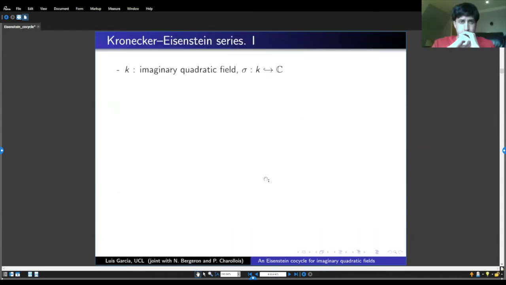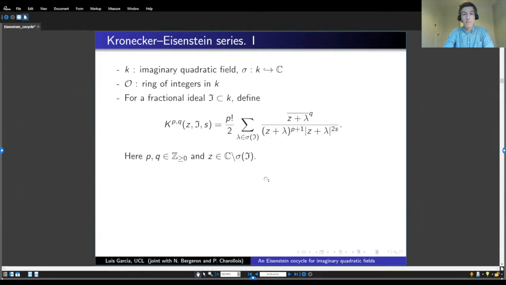Okay, so I want to start by stating the first result. As I said, we fix an imaginary quadratic field K and an embedding sigma of K into the complex numbers. And I'm going to let O be the ring of integers in K. And now here is the classical Kronecker-Eisenstein series that appears, for example, in the famous book of Weil, Elliptic Functions According to Eisenstein and Kronecker.